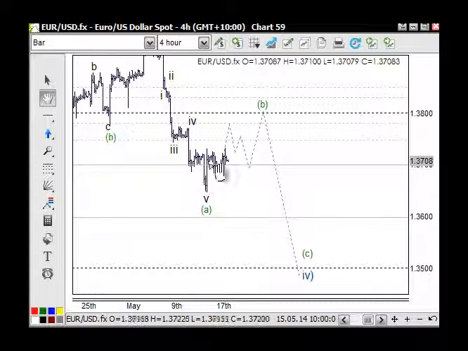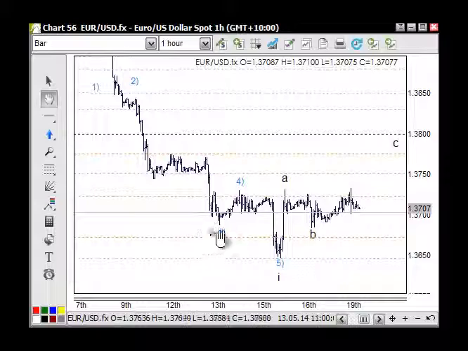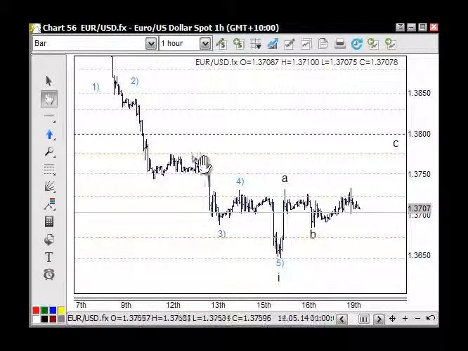So we're just working through this little corrective pattern here, and it's a little bit tricky. We know the supply levels, obviously the 137.20 here, and then we've got the 137.72 and the midpoint, the 137.50. So this block here and then this block here.